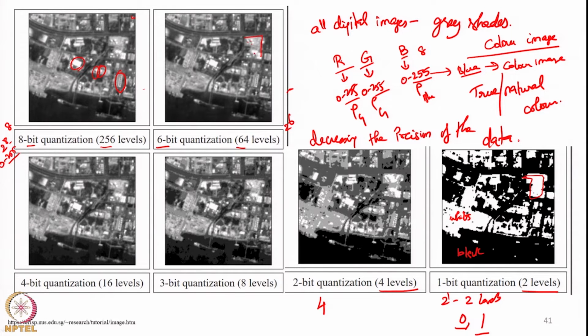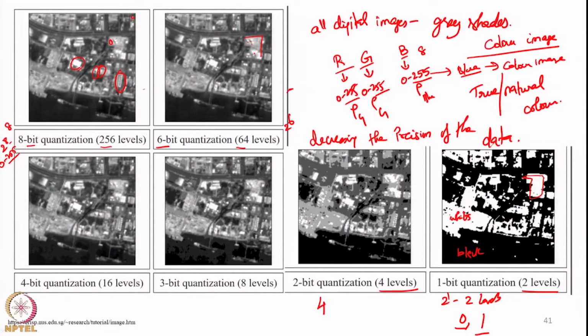Right. So, these two effectively combine together, the accuracy of data collection, the NE delta L or NE delta T, combined with the number of quantization bits will determine the radiometric resolution of the system, how accurately we are able to distinguish two features radiometrically, that is by looking at the radiance values itself.